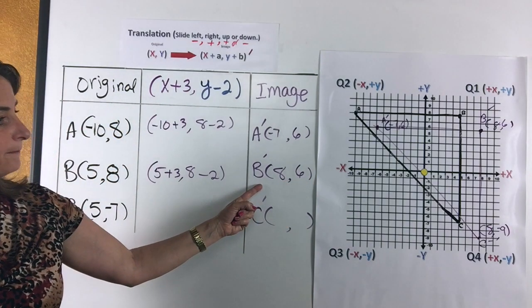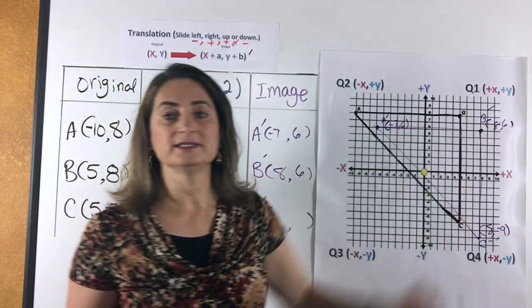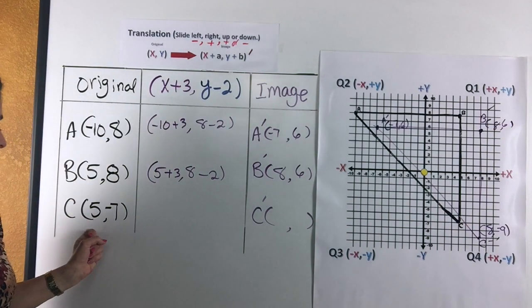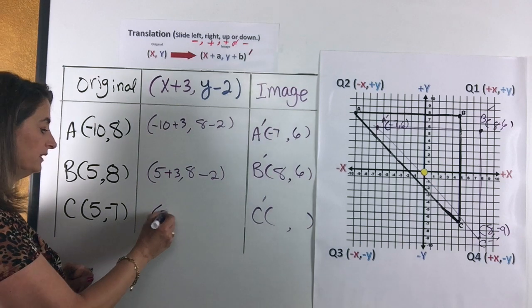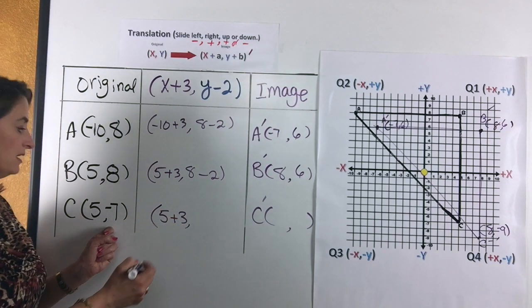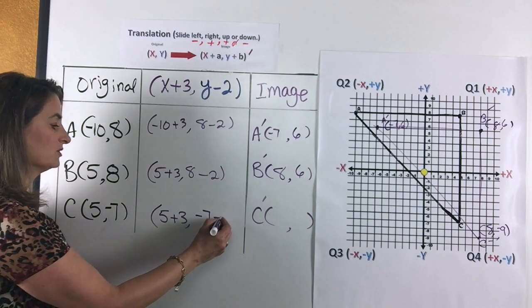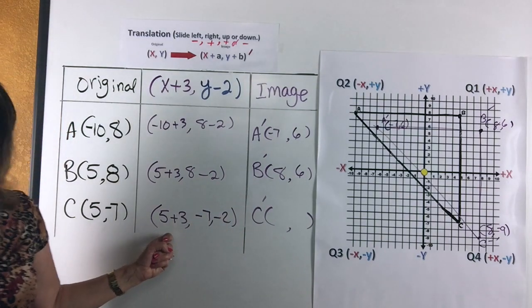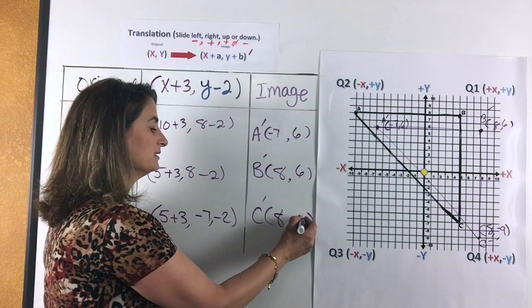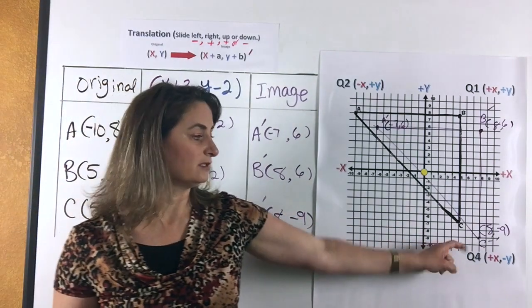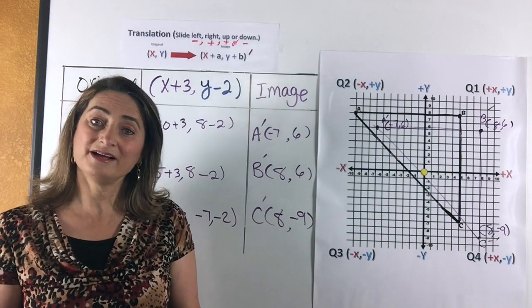Is B prime 8 and 6? Now C, 5 and -7. 5, the x, add 3 to it, and y -7, subtract 2 from it. So 5 plus 3 is 8, and -7 minus 2 is -9. Is that where C prime is? 8, -9.